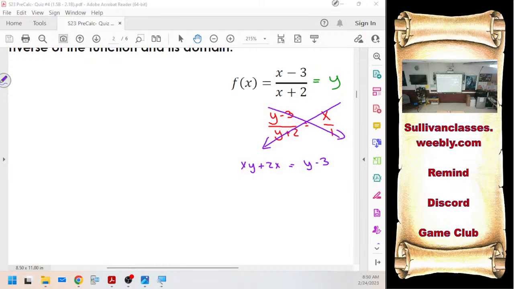Because I have xy plus 2x on the left, where maybe Lori has it on the right. It depends with how you did that. Okay? I'm going to subtract y over here. I'm going to subtract 2x over there.